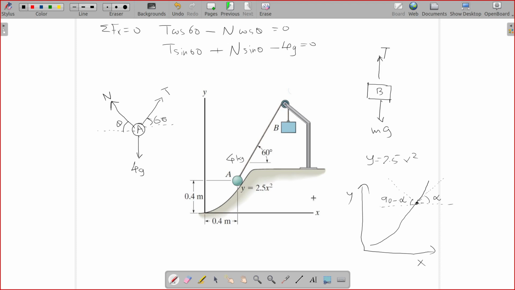And we know that for a curve, what is this angle here? Tan alpha. Mathematically speaking, what is the significance of tan alpha? Tan alpha is the slope, and slope is equal to the derivative.